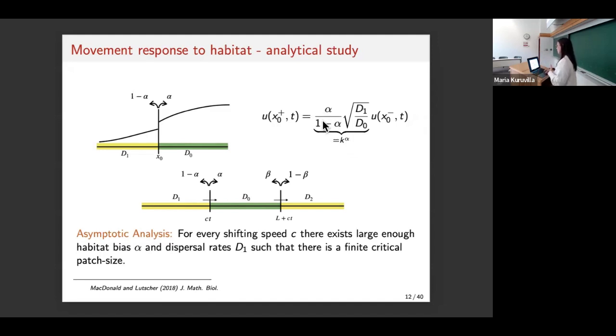But you'll notice that the habitat bias and the diffusion rates are defining our proportionality coefficient. And in this case, we can say that for every shifting speed c, there exists a large enough habitat bias and dispersal rate c1 such that there is a finite critical patch size. In other words, we think about alpha, right? It's a probability that approaches 1.